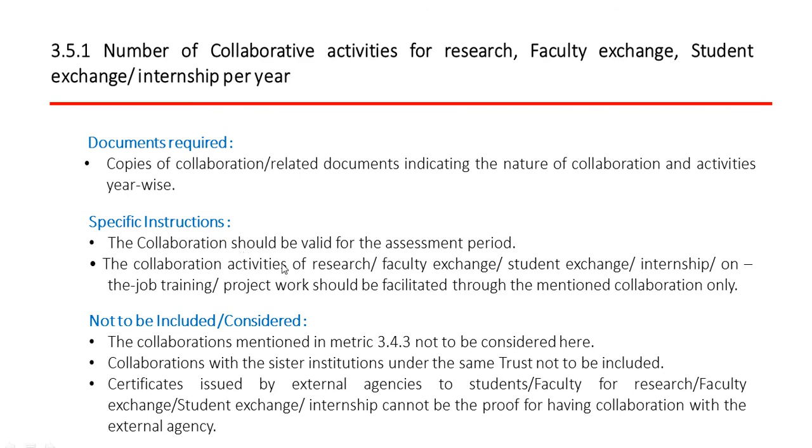The collaboration activities of research, faculty exchange, student exchange, internship, on-job training or project work should be facilitated through the mentioned collaboration only. What is not to be included or will not be considered: the collaborations mentioned in metric 3.4.3, and collaborations with sister institutions under the same trust.